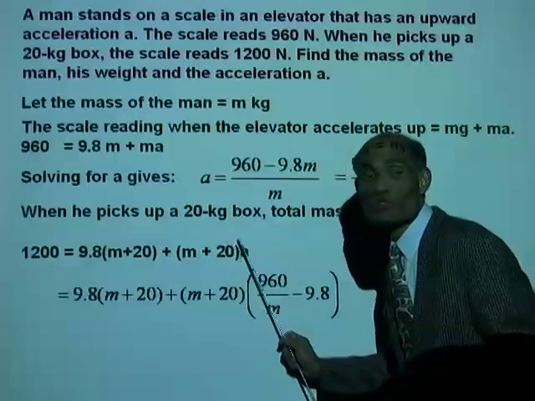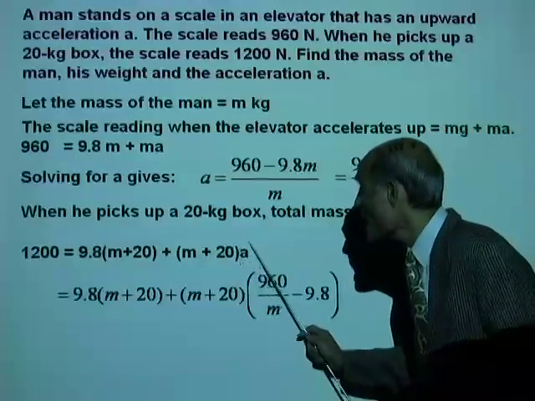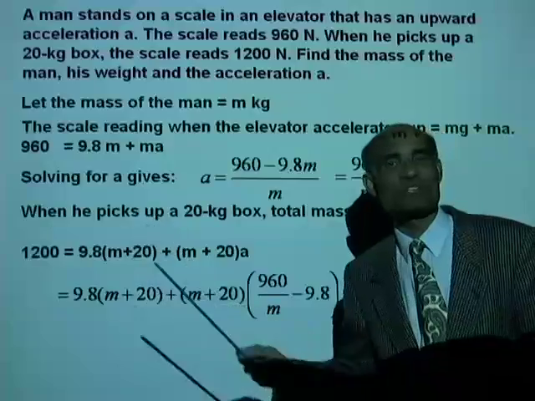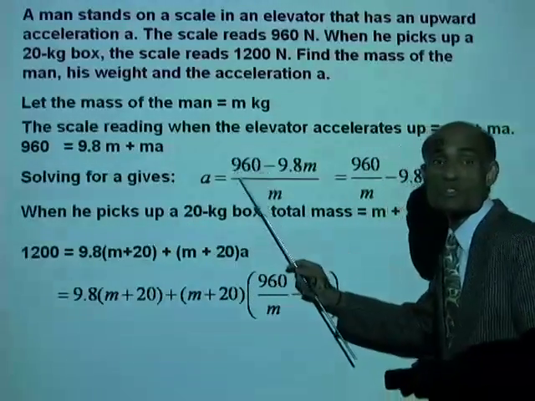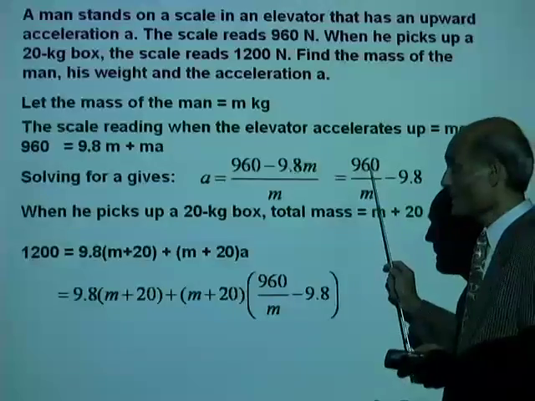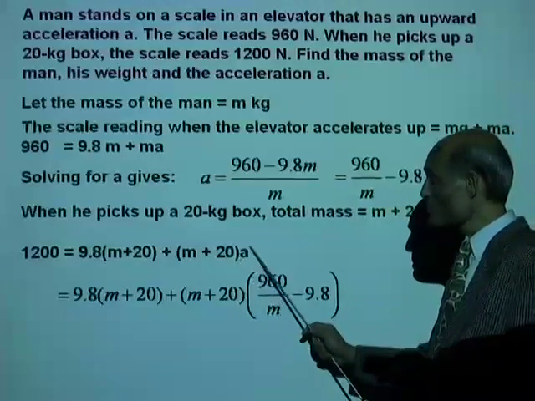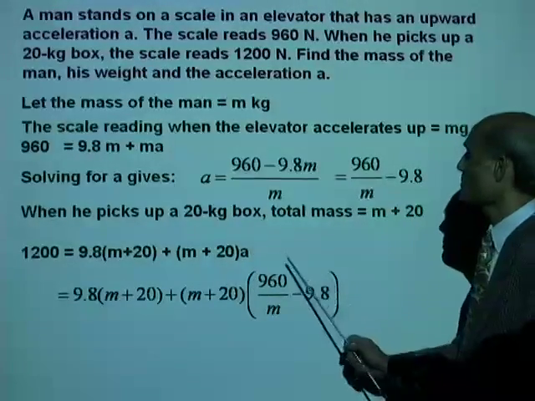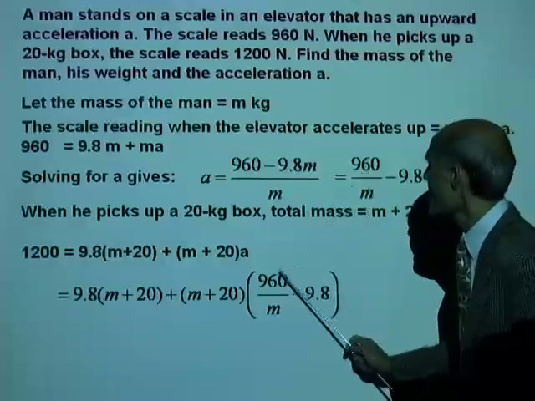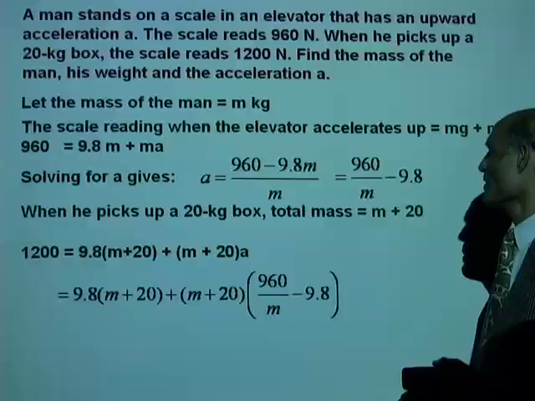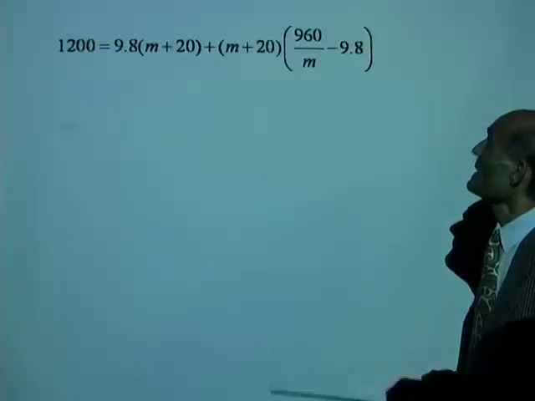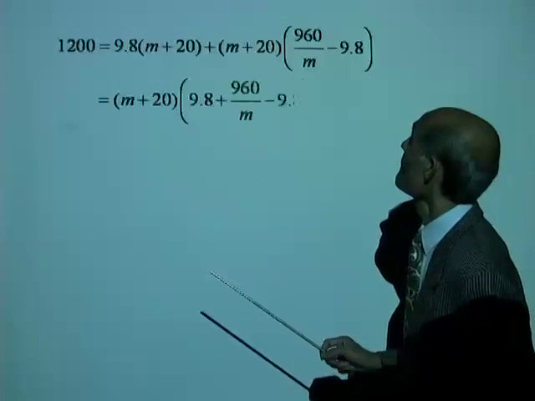And what I'm going to do is replace this a. I'm using a substitution method here. You see, I have used the first equation to solve for a, and I'm going to substitute this a by that value. So a is 960 over m minus 9.8. Now, this is our equation.